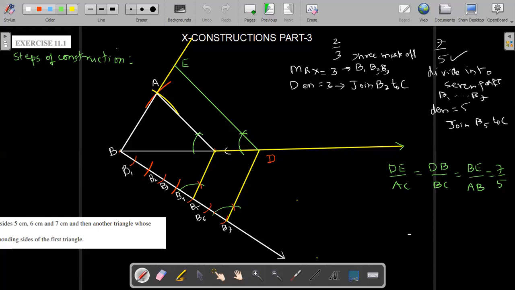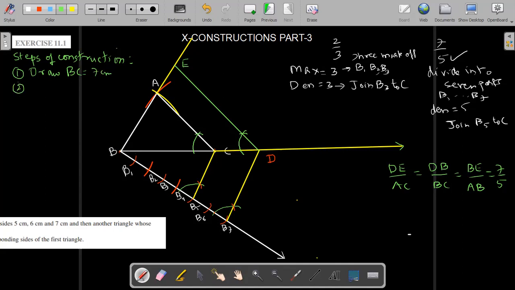So if you want, you can write the step numbers. Step 1: draw side BC. In short, I will write draw BC. How much was the length of BC? It is 7 centimeter. BC is equal to 7 centimeter.